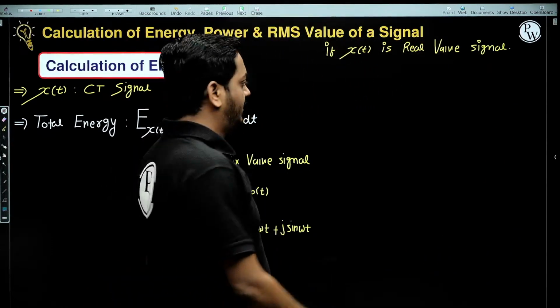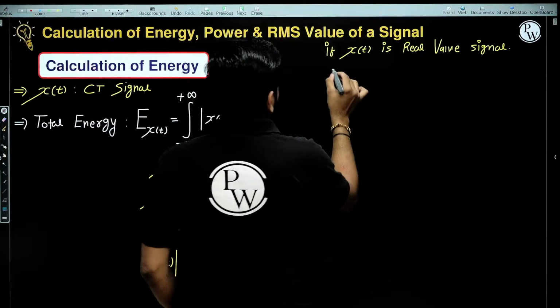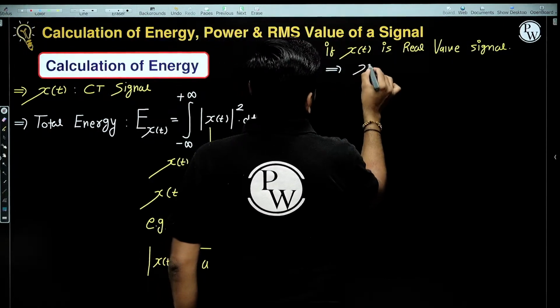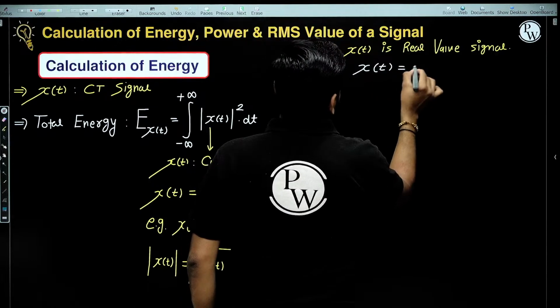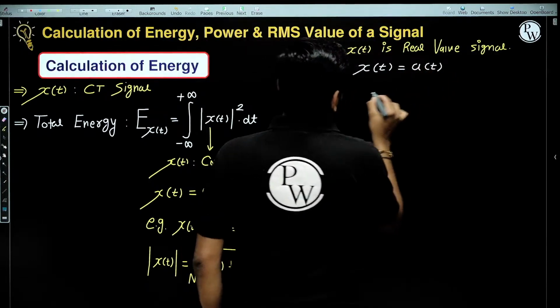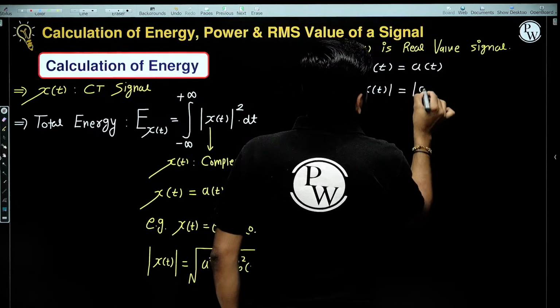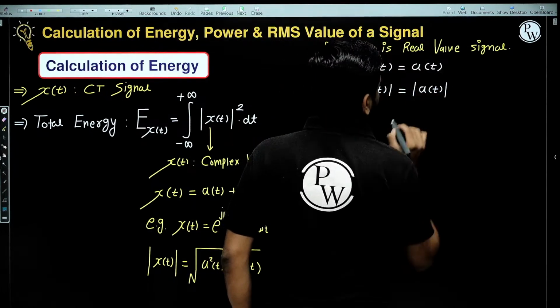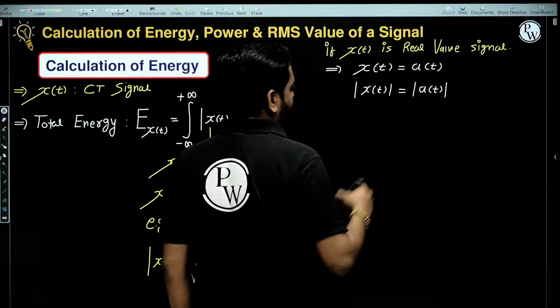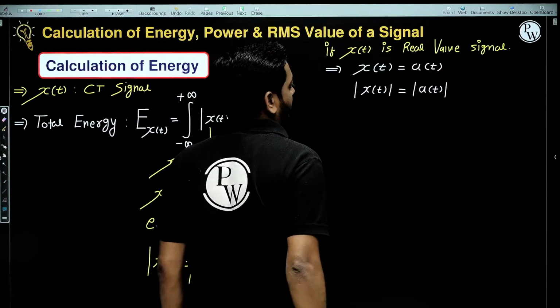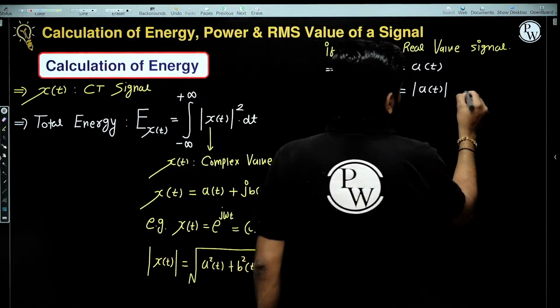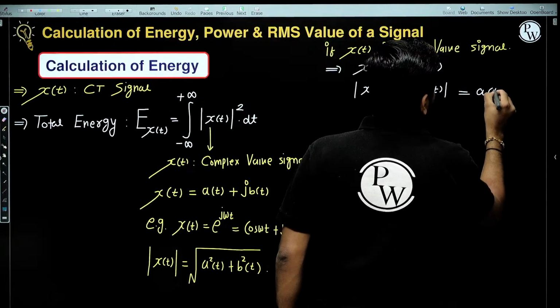Same. Then x of t is equal to a of t. Then the magnitude of x of t is the magnitude of a of t. Correct? The magnitude of a of t is equal to what? A of t only. Magnitude is nothing but a of t.